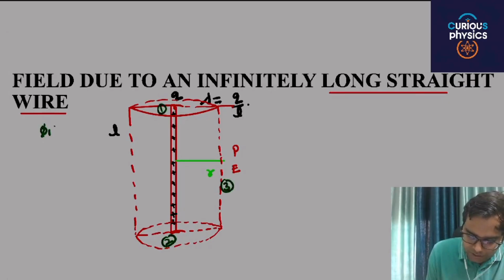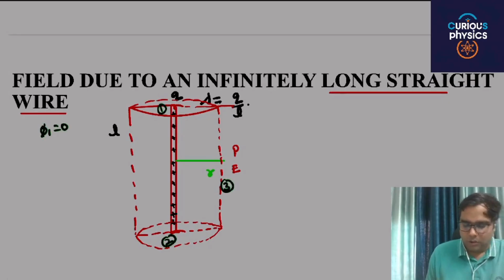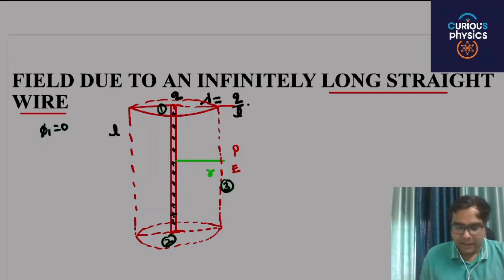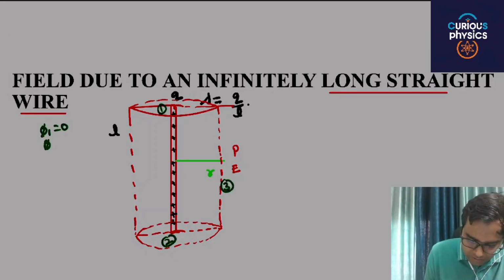Phi 1 is equal to 0. Why? Because here the electric field is in outward direction from a positive charge, and that's why here theta is equal to 90. Same from surface 2, 0, and here theta is equal to 90 again.